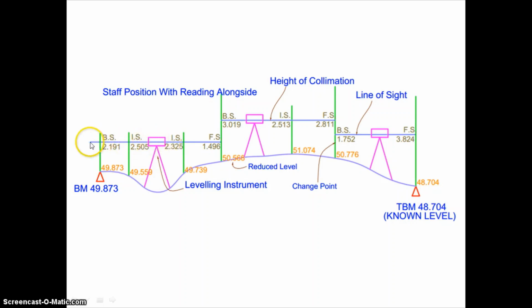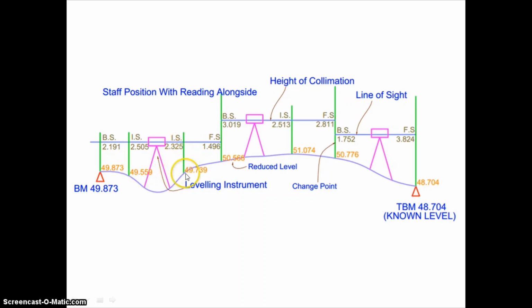So this is the first staff reading that we are taking, and you can see written here is BS, and that will be somewhat 2.191. So you have to take the reading. Once you take that backside reading, then at some interval you take various readings. Afterward, here one staff is put and some reading is taken, 2.505.